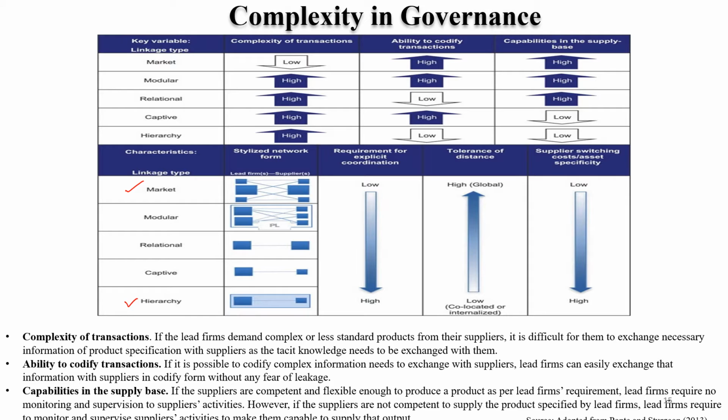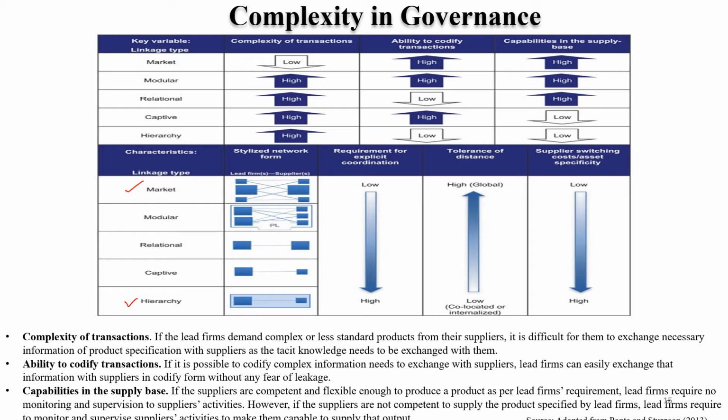In such a case, if it is a less standardized product, then there is not much question of a specific knowledge to be transferred. So the lead firm can provide a kind of specimen on which the supplier firms work out their cost, quality and capability.